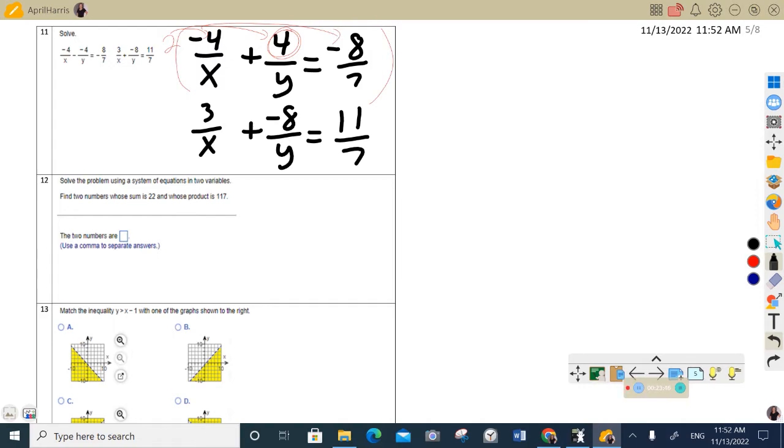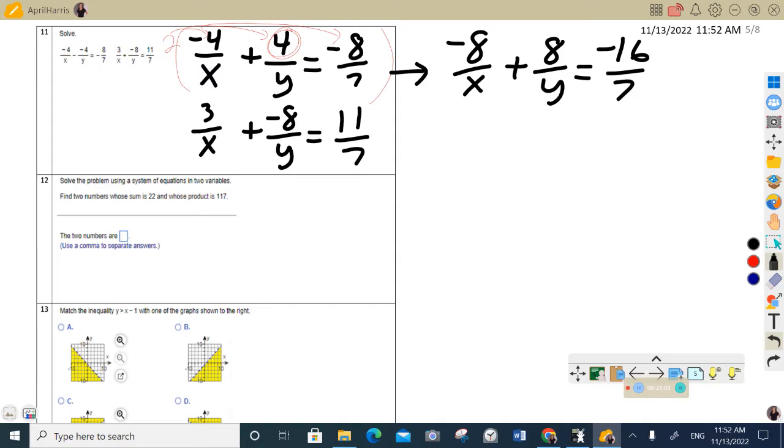So I'm going to have a new equation 1. 2 times negative 4 is negative 8 over x. 2 times 4 is positive 8 over y. And don't forget, 2 times negative 8 sevenths is negative 16 over 7. And then I'm just going to rewrite my second equation over here underneath it.